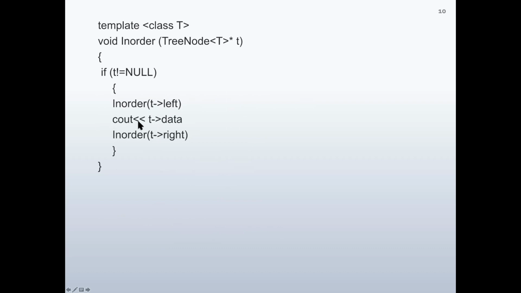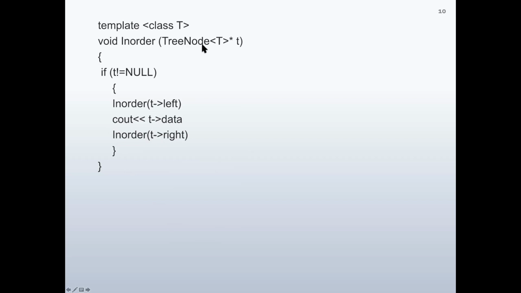Here we have cout. This is corresponding to the visit node step in the Inorder traversal, and the data field of the node pointed by T is sent to the output device at this step. And then we have a call recursively to the function itself with right field of the node pointed by T.